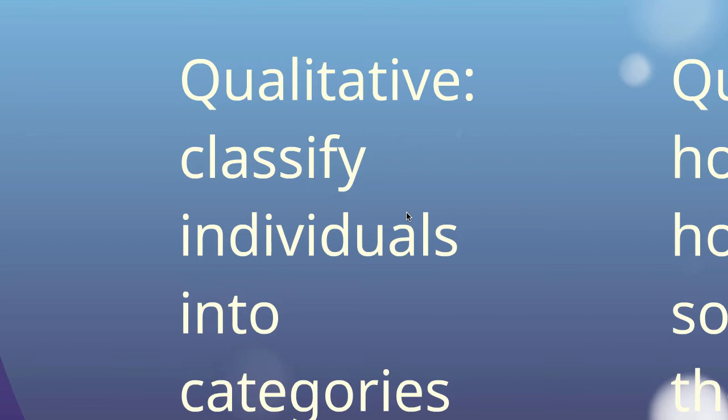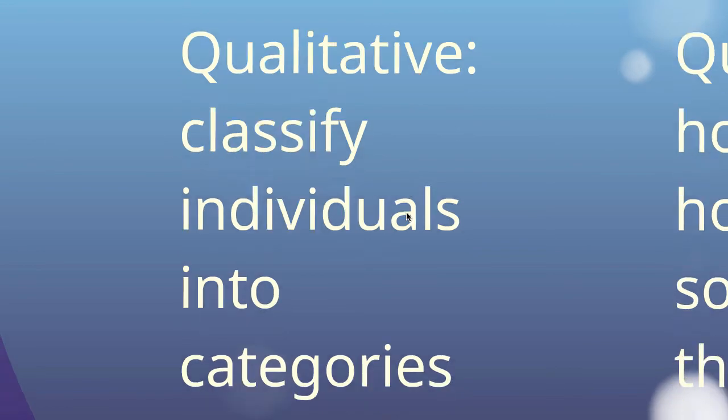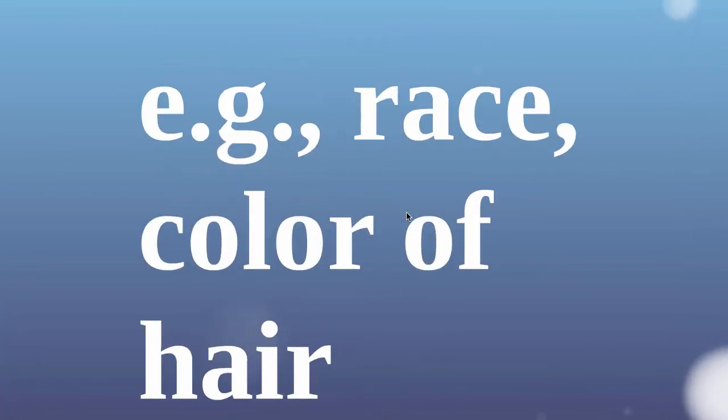Basically, it is a variable where the participant will have to choose from several categories or options. Examples of qualitative variables are race. If I'm trying to measure the variable race, the possible options that people will choose from are Caucasian, African American, East Indian, Asian, and so on. Same thing with color of hair. We're looking at possible categories, so blonde, brunette, black hair, red hair, and so on.